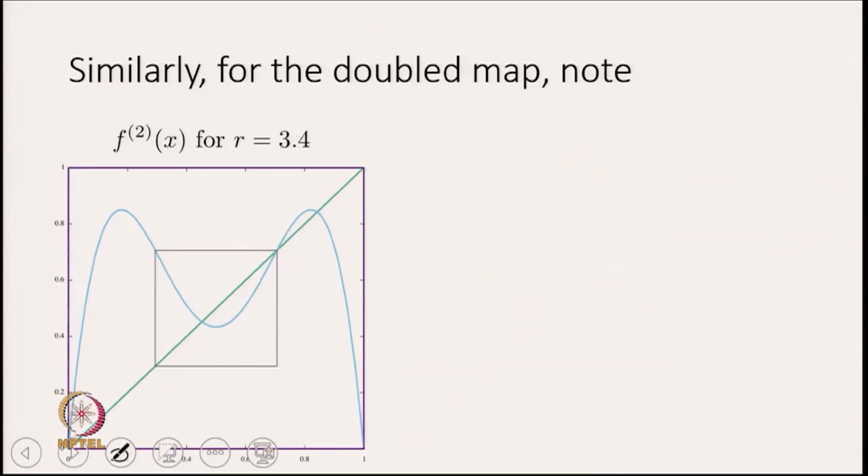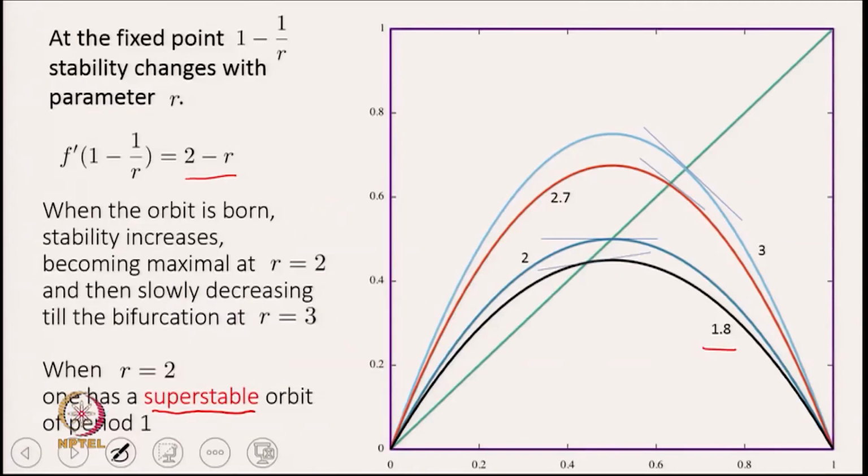So to come back over here, at this point you have the period doubling bifurcation. The period 1 orbit is no longer stable, and instead a period 2 orbit is born.